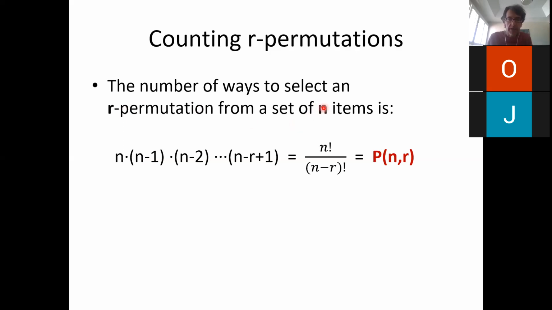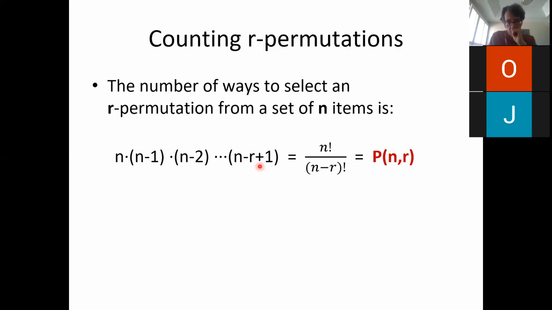And once every element is in the permutation, you cannot choose another element with no repeats. So this is a natural formula: if you go r times, the last choice will be this many. This was your first character choice, this is the second, this is the rth.